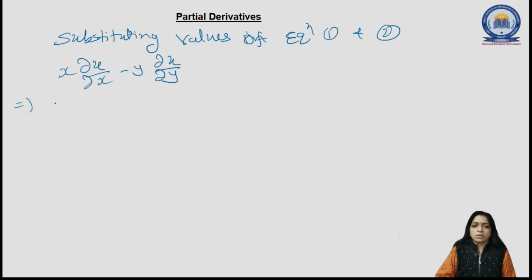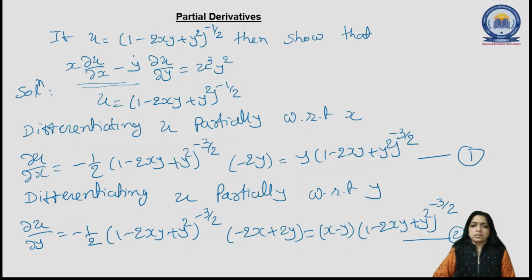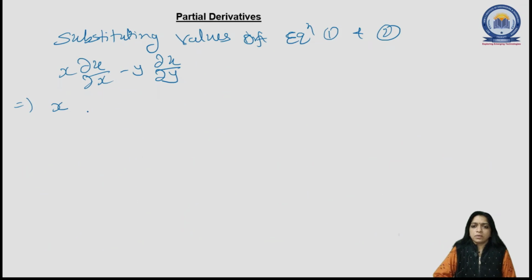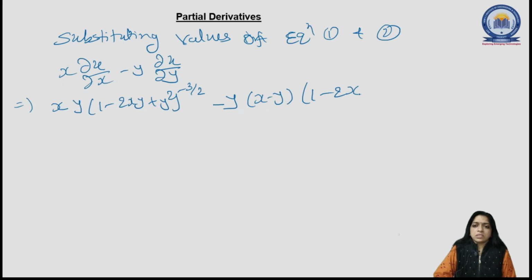So x, keep it the same. The value of del u by del x is y (1 minus 2xy plus y square) raised to minus 3/2. Similarly, here y, keep it the same, and the value of del u by del y is (x minus y)(1 minus 2xy plus y square) raised to minus 3/2.